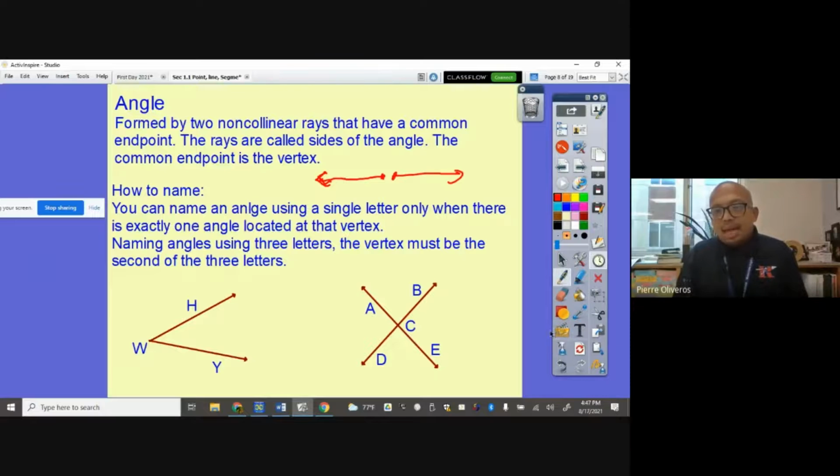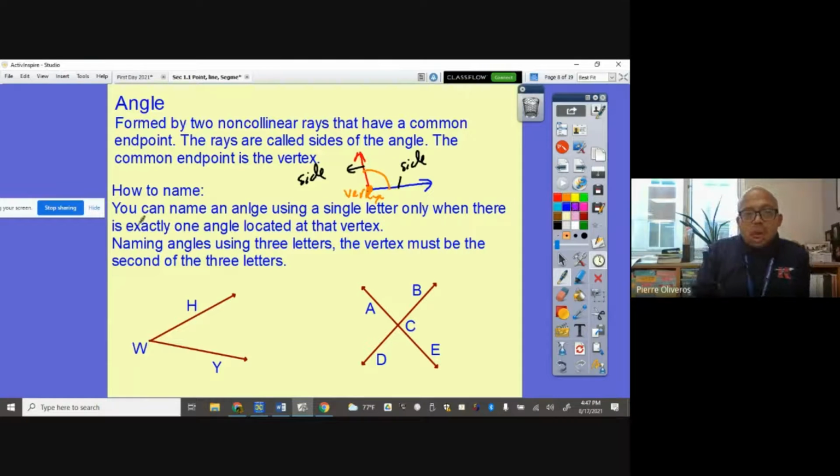But if you make non-collinear rays, so let's say this orange ray, and I have a blue ray, and their endpoints are common, the black point, now you make an angle. The orange one here is called a side, and this blue one here is called a side, and this black point here is the vertex. And this is the angle being formed.